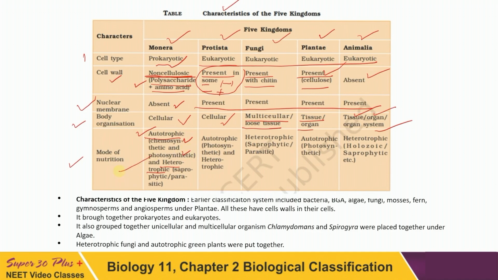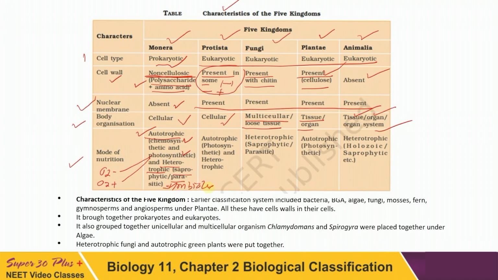Even in photosynthetic ones, there may be non-oxygenic photosynthesis, which does not release oxygen, or ones which release oxygen. All types of nutrition, autotrophs and heterotrophs. Heterotrophs may be saprophytes, parasites, or even symbiotic.